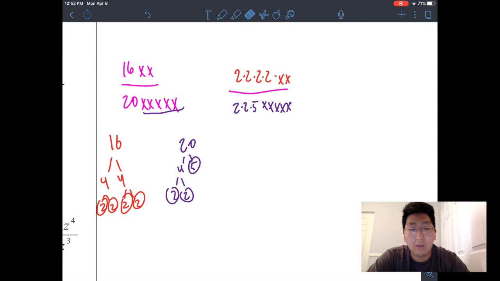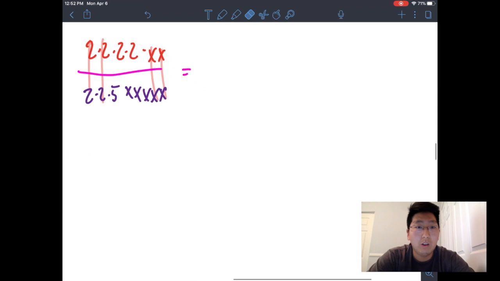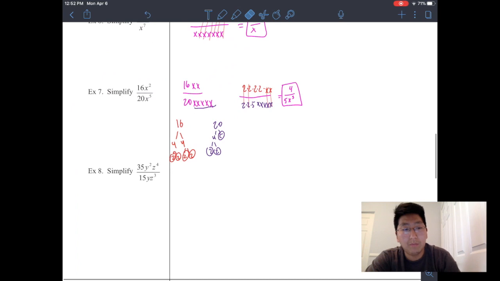And now we can create our ones, the 2's, the x's. And what we're going to be left with is 2 times 2 on top, which is 4. And on the bottom, we're going to have 5x to the 3rd. And that's reduced.